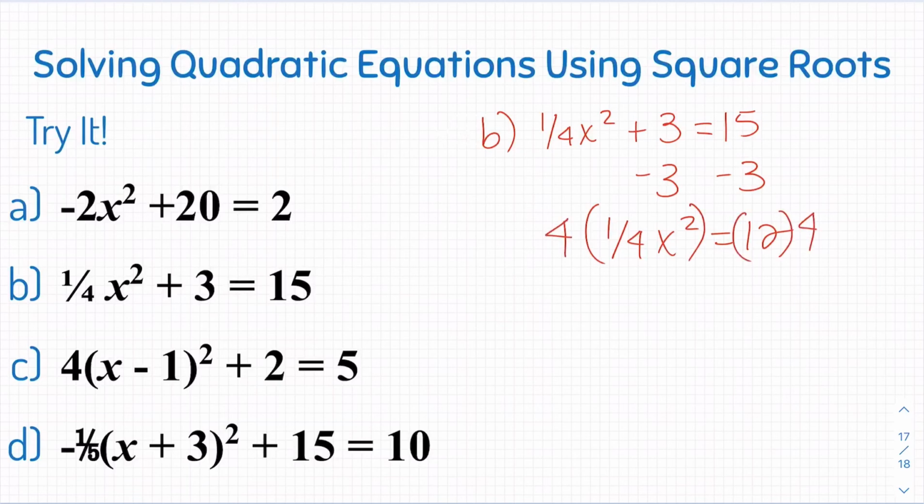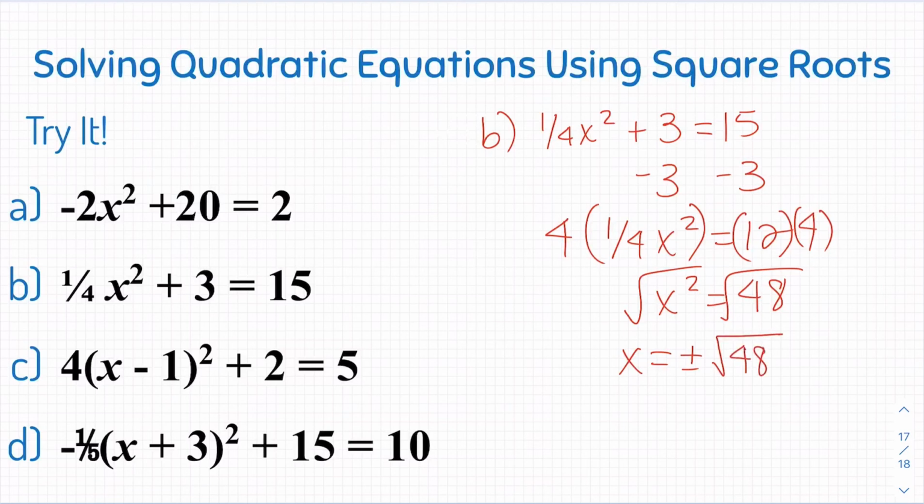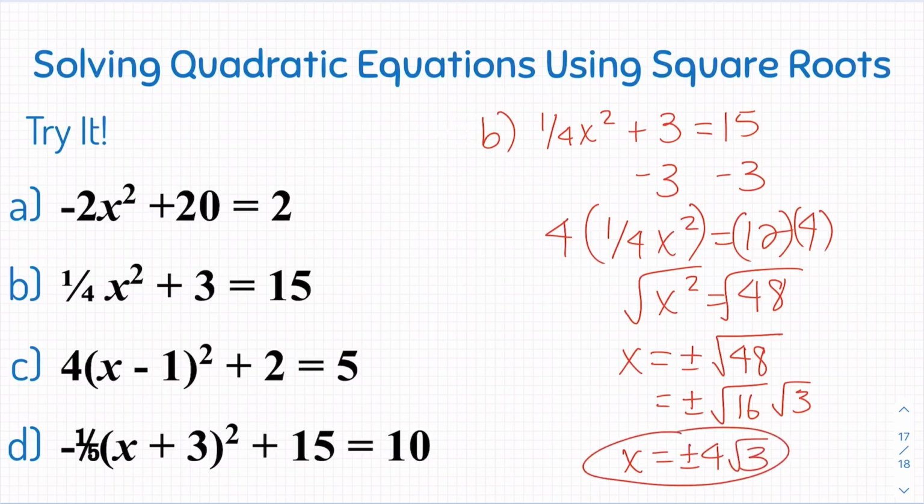They're reciprocals. So I get x squared equals 48. And when I take the square root of both sides, I get x equals plus or minus the square root of 48. And 48 can be broken down into 16 and 3. So x equals plus or minus 4 radical 3.